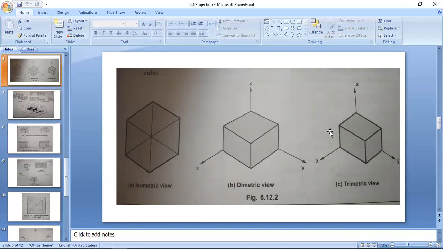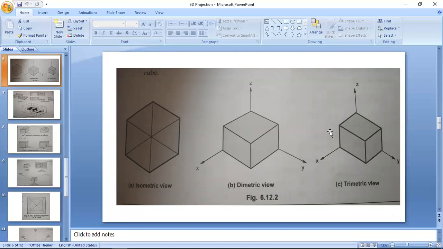In the dimetric view, two principal axes are foreshortened equally, only two principal axes, and it remains unchanged on a particular axis. Suppose it is 2 on the x-axis and 4 on y and 4 on z. So that is the case with the dimetric view.